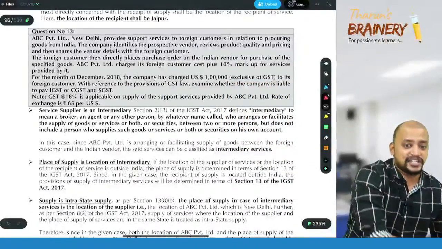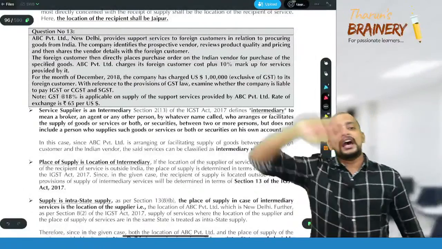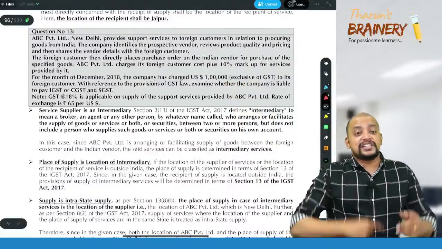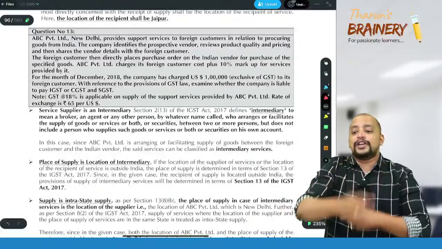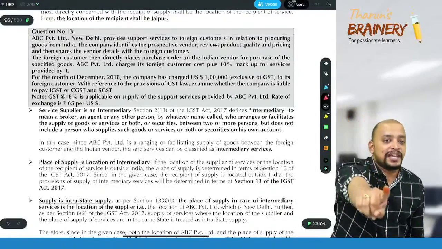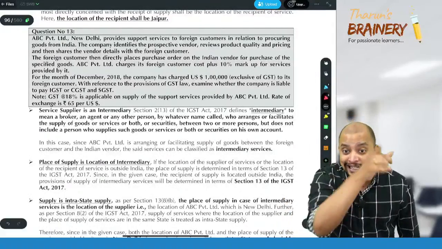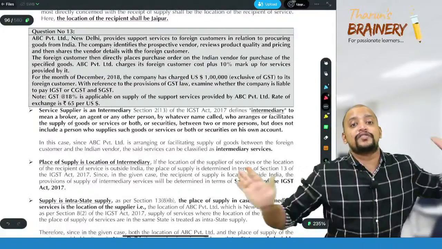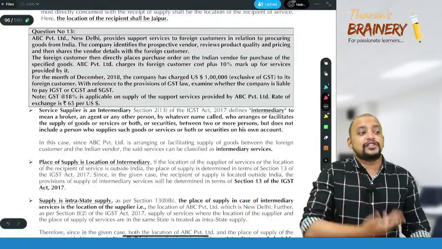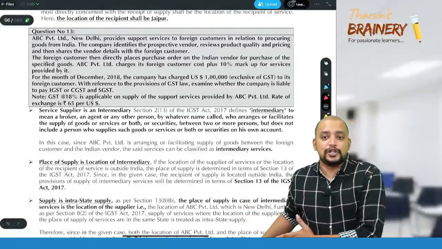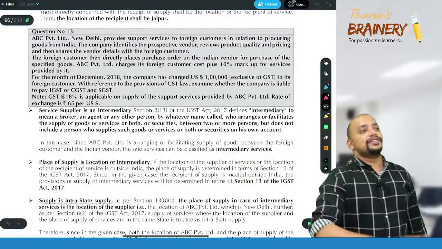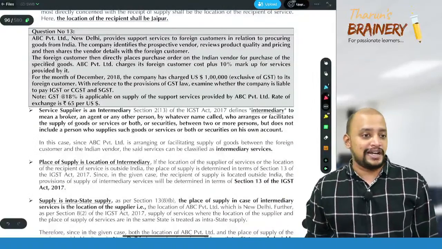There is one transaction between the vendor in India and a foreign customer. He just reviews the vendor. For doing reviewing, it will be coming under intermediary service. He is facilitating or arranging the transaction. Once that is done, his work is over. So he is not taking the outsourcing and he is not doing any supply. So therefore, in this case, it will be coming under intermediary services.